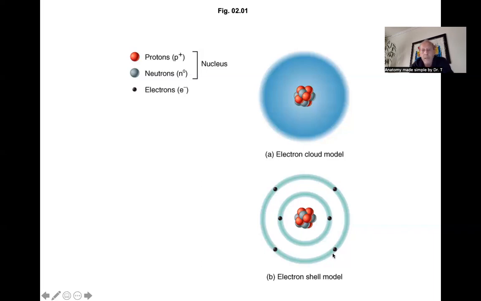Now, if we ask ourselves, is this second electron shell fully stable? The answer must be no, it's not. Because the second electron shell would become stable only if it contains 8 electrons. It cannot fit 9 or 10, so 8 is the maximal number for the second electron shell to gain stability.